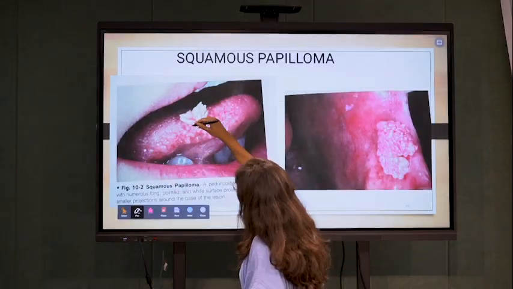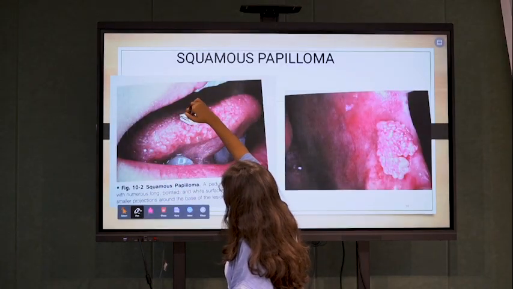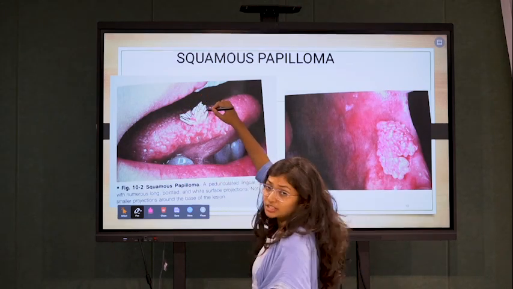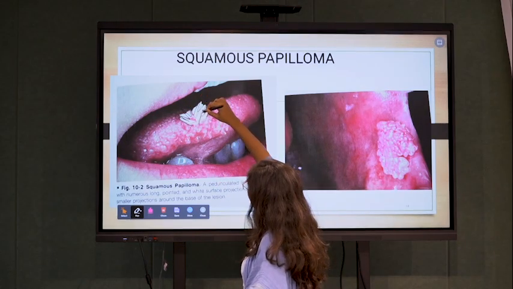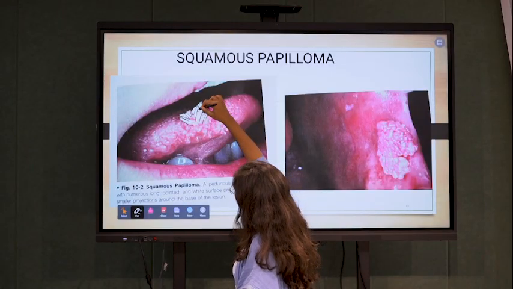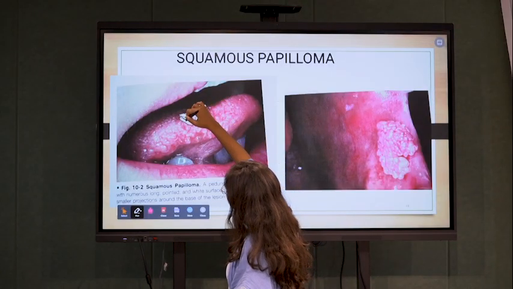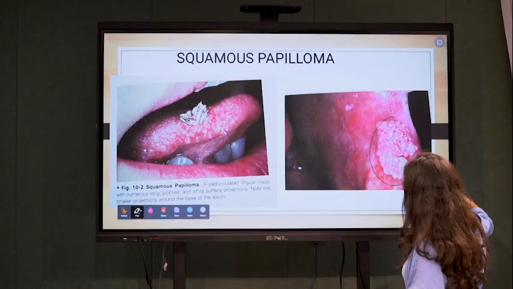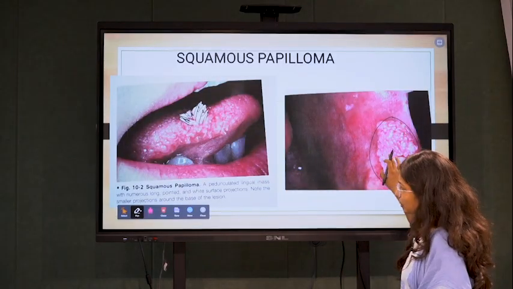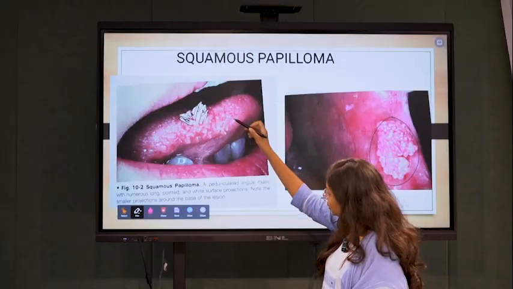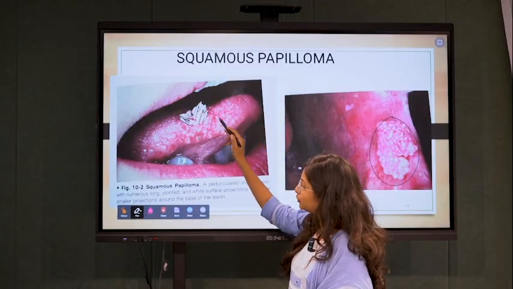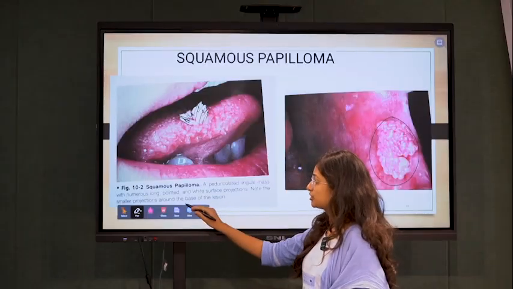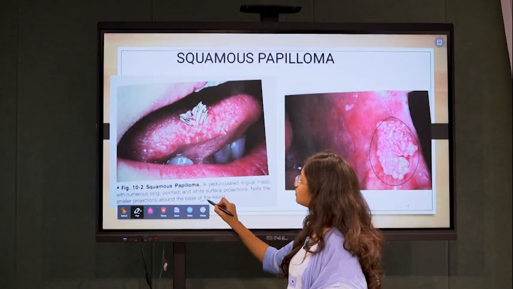So as you can see, there is a proliferation. It's like finger-like projections projecting outwards, and it can be like this also, pinkish in color. This is a pedunculated lingual mass with numerous long pointed and wide surface projections, or smaller projections around the base of the lesion.